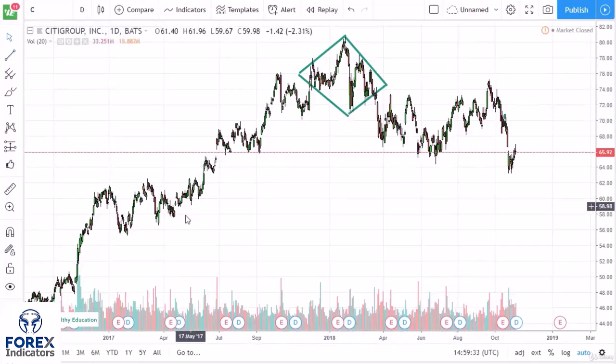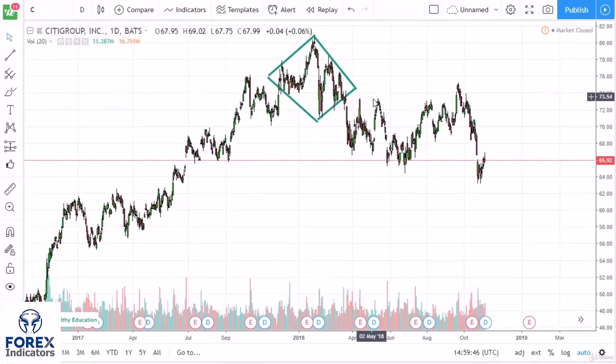And we're in a nice uptrend, and then we start to lose a little bit of confidence, and then we finally break back down. You can see that we test the midpoint of the triangle and then the diamond, and then break down from there as well.